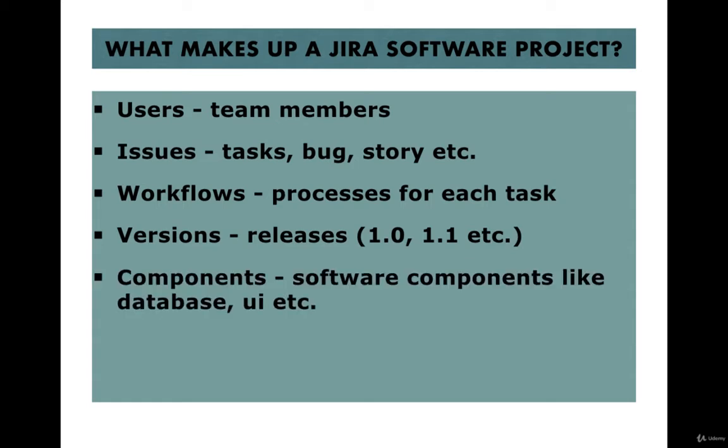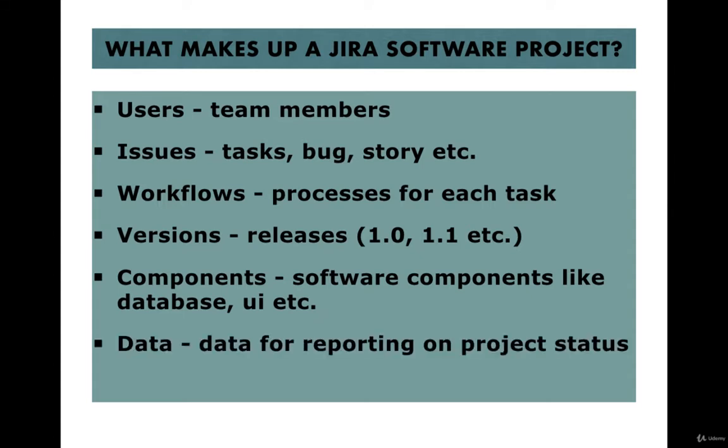Then comes the components. In software development, you have different components like database, UI, and middleware. All those different segregations within the software are the components that make up the Jira software project as well. And the last thing is the data that is used for reporting on the project status.